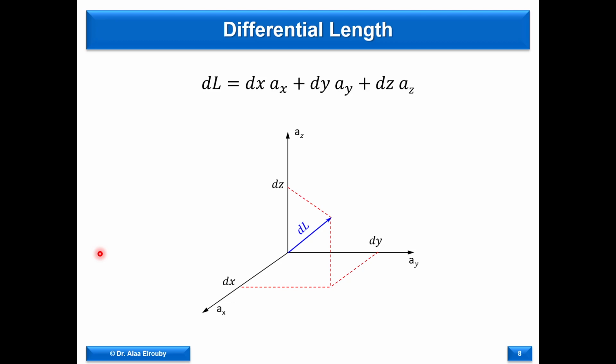Differential length means an infinitesimally small length in an arbitrary direction in the x, y, z coordinate system, or the Cartesian coordinate system. For a differential length dl, its expression as a vector is differential distance along ax, differential distance along ay, differential distance along az.